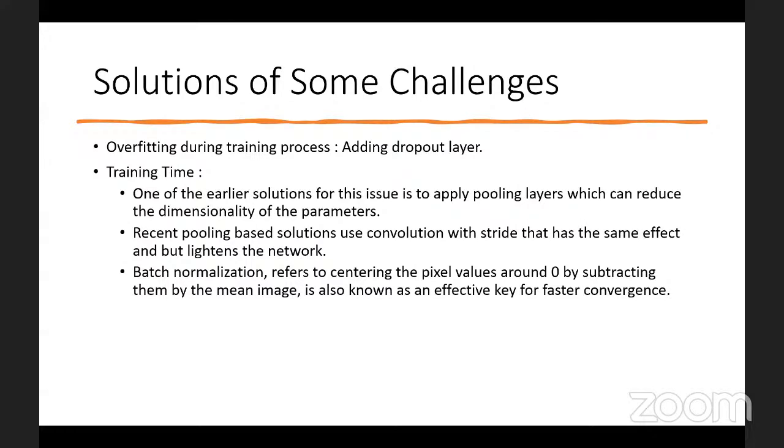In this way, we can reduce the numbers by subtracting the mean from each pixel value. These are not standard techniques, but people try them, and most of the time they work and are useful for better results.